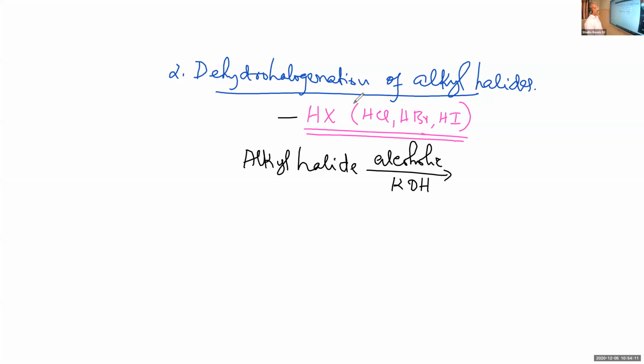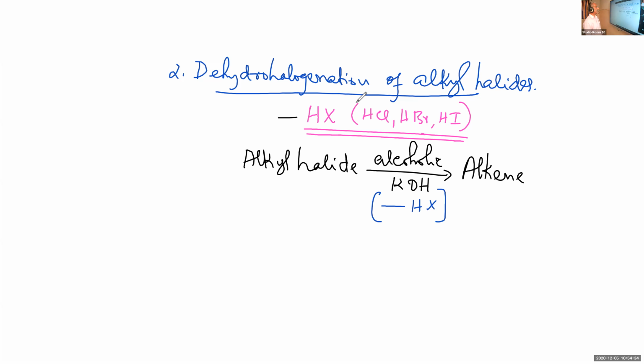So here we take the alkyl halide and heat it with alcoholic KOH. Then there is removal of HX, minus HX, and we get an alkene.